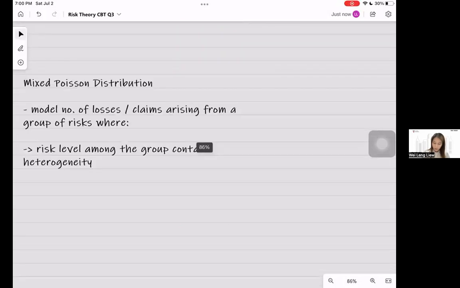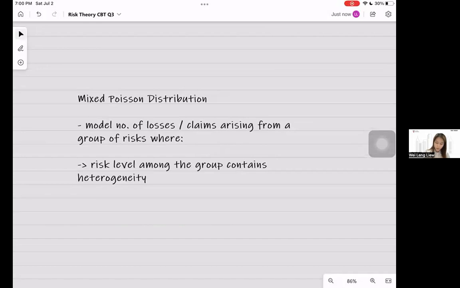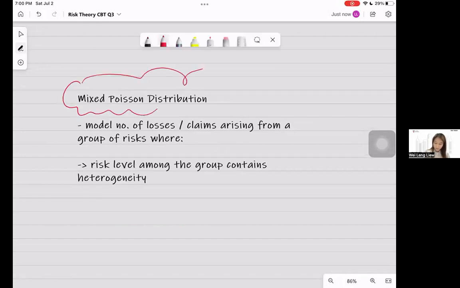Okay, so what's a mixed Poisson distribution? A mixed Poisson distribution is a distribution which models the number of losses or claims arising from a group of risks where the risk level among the group contains heterogeneity. So what is heterogeneity?